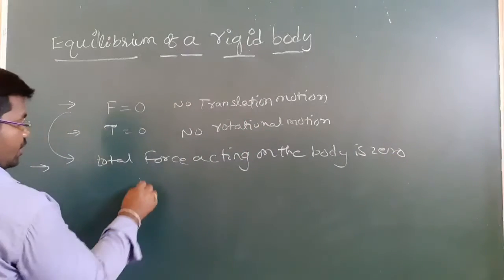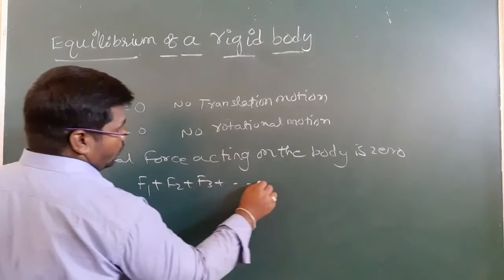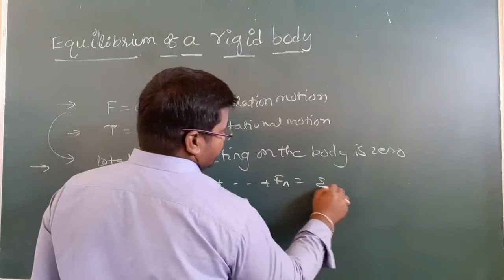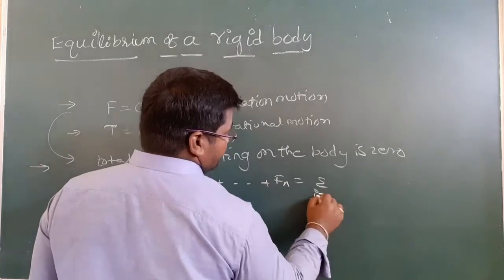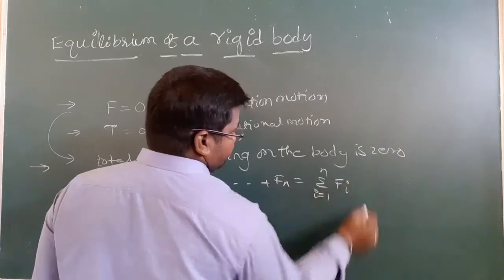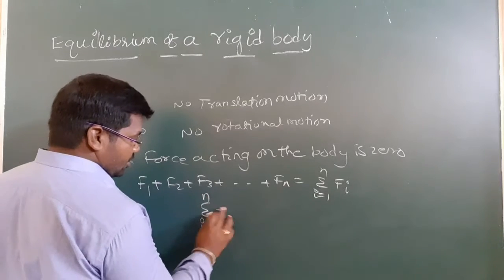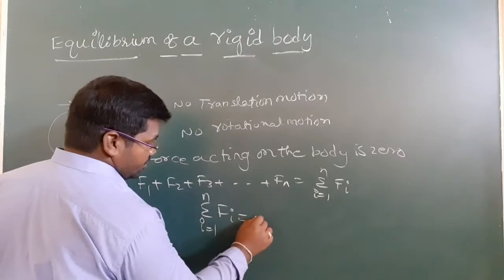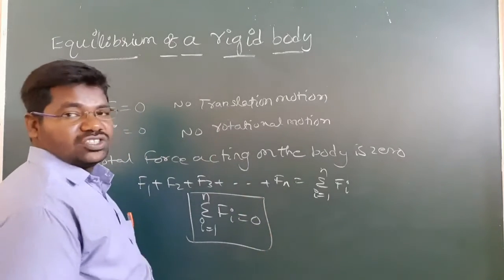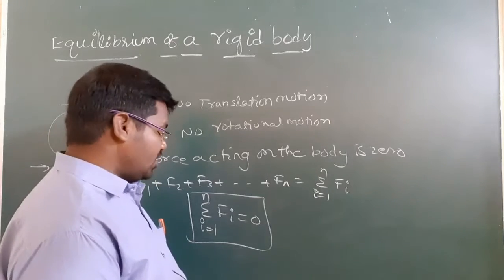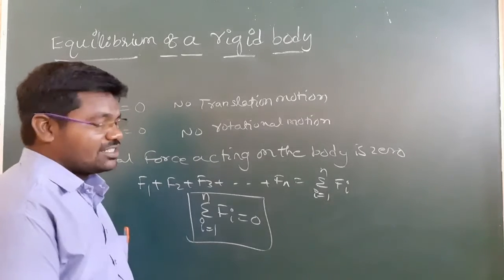Zero means F1 plus F2 plus F3 and so on plus Fn, that is, sigma i equals 1 to n of Fi. According to this, sigma i equals 1 to n of Fi equals 0, which means no linear acceleration and no linear motion or no translational motion.